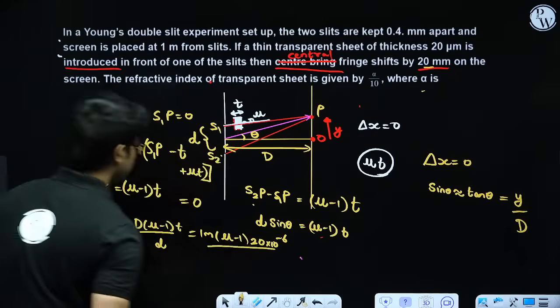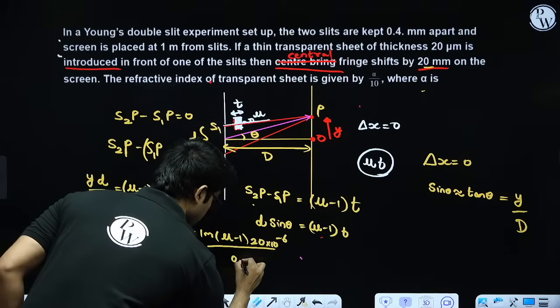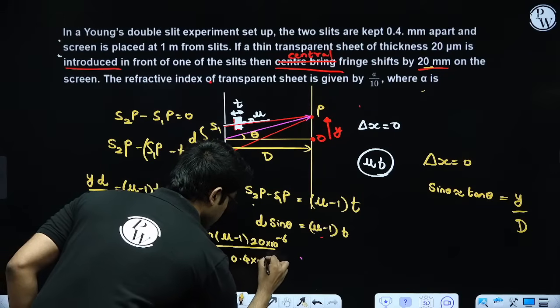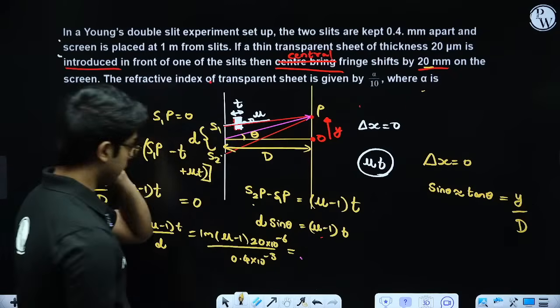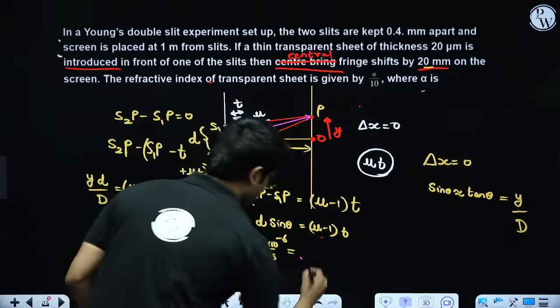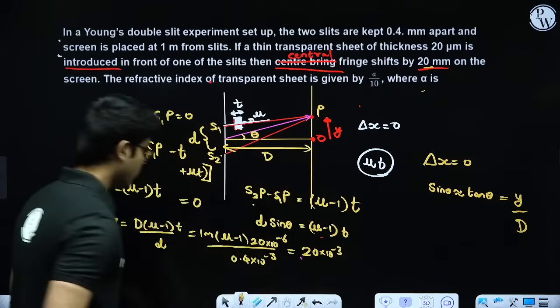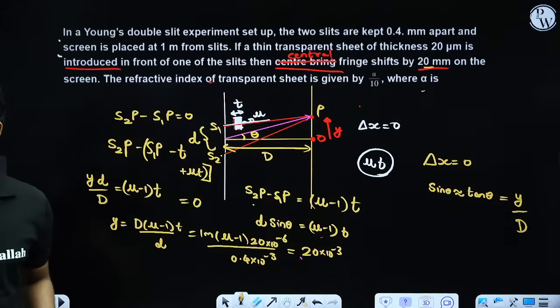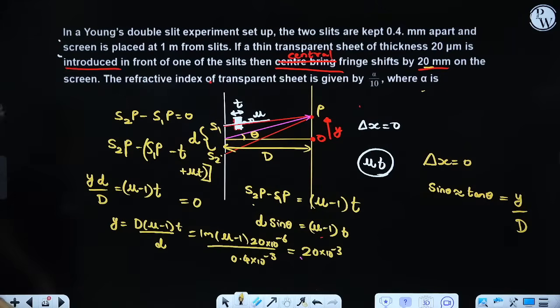This thing divided by the small d distance, which is 0.4 mm, so 0.4 into 10 to the power minus 3. This is equal to the shift. The shift was 20 mm, right? So equals 20 times 10 to the power minus 3. Now I guess it's easy to solve for the mu value. All right, so that is it for this question.